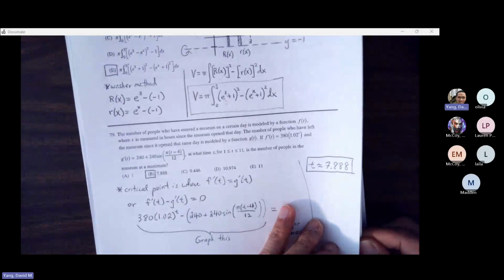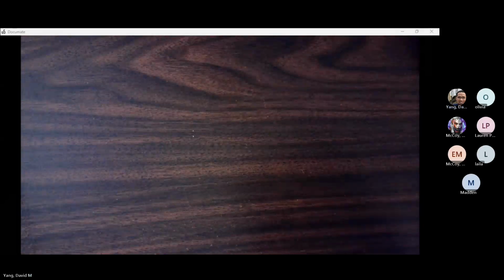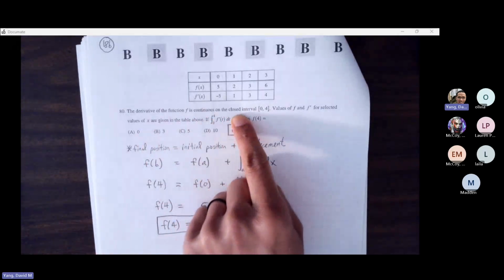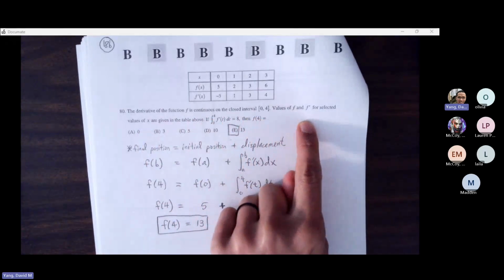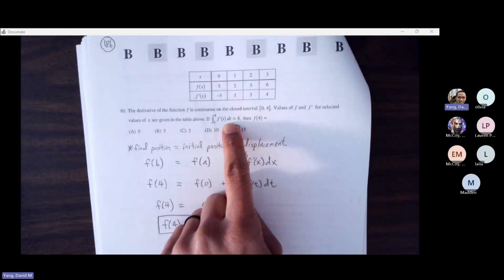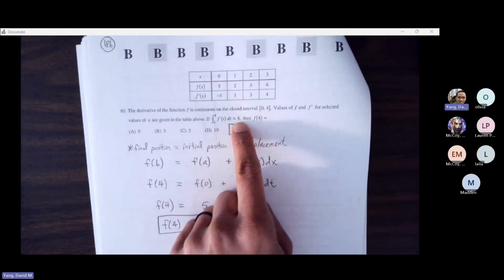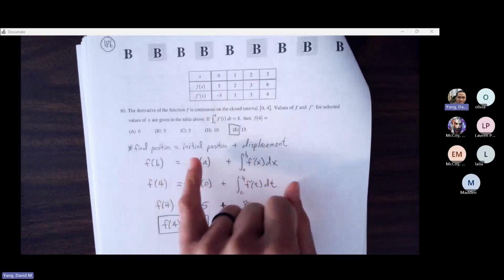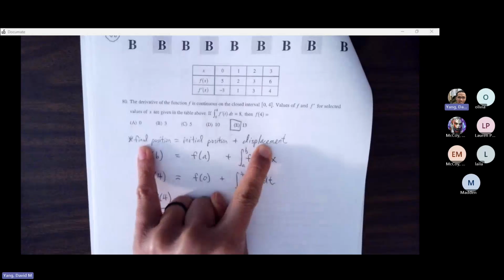So next up, page 19 or 18. Derivative of a function f is continuous. Values of f and f prime are given. If the definite integral from 0 to 4 of f prime is 8, then f of 4 equals. So I like to rely on this final equals initial plus displacement to give me a framework for this problem.